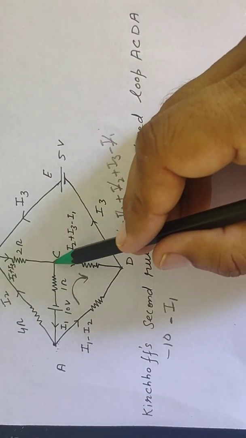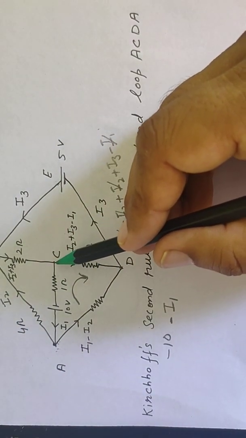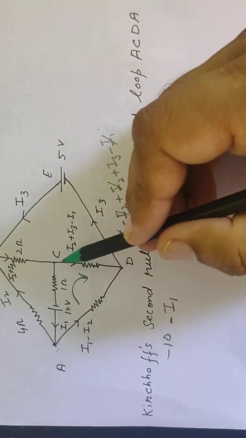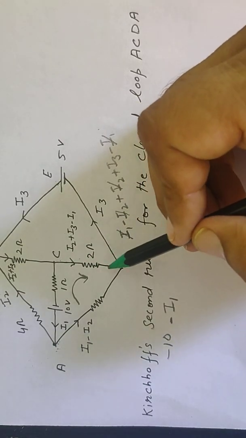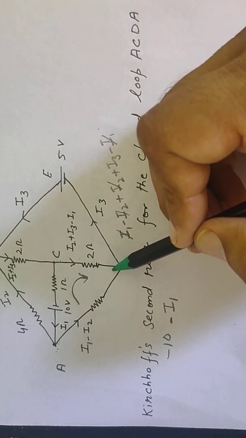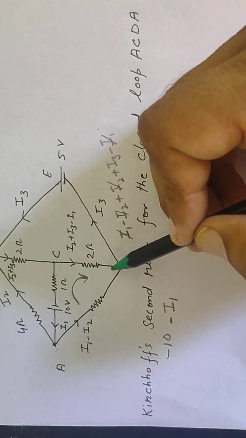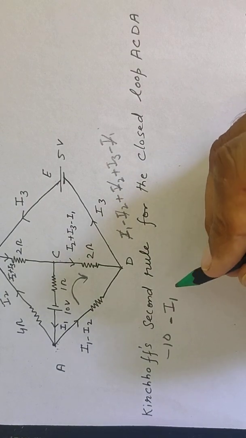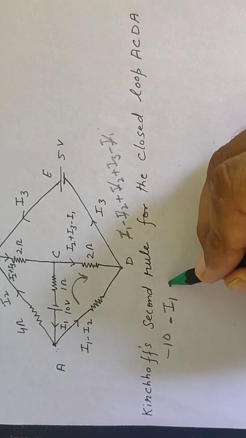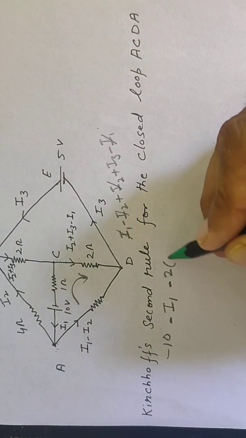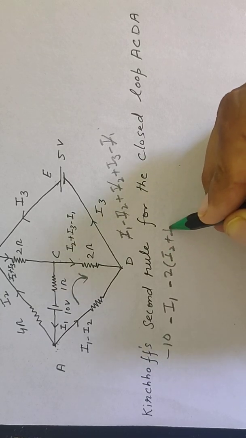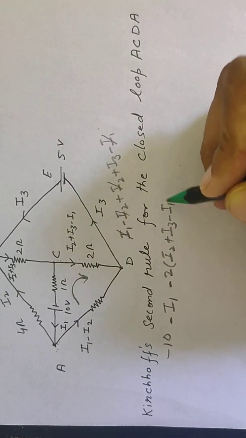Now we go to this junction C and move in this direction. Here we are going from high potential to low potential, so we take it negative. So here minus 2 times I2 plus I3 minus I1.